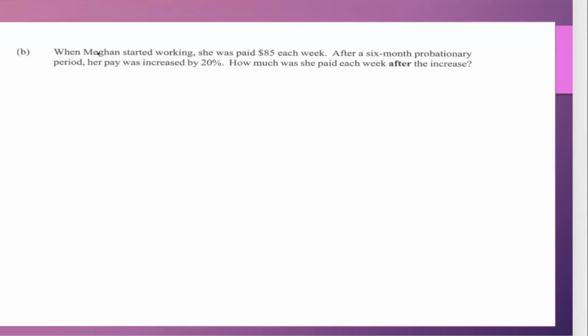The next question: when Megan started working, she was paid $85 each week. After a 6 months probation period, her pay was increased by 20%. How much was she paid each week after the increase? So let's look at this.